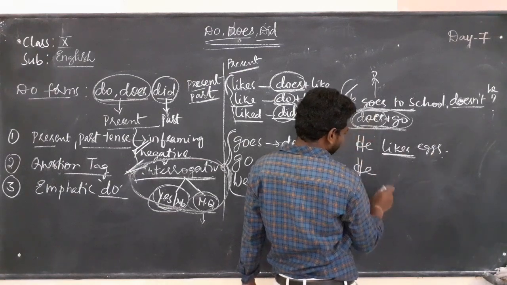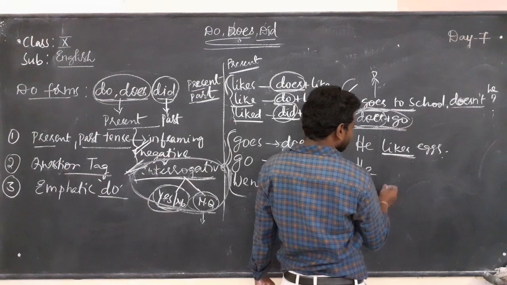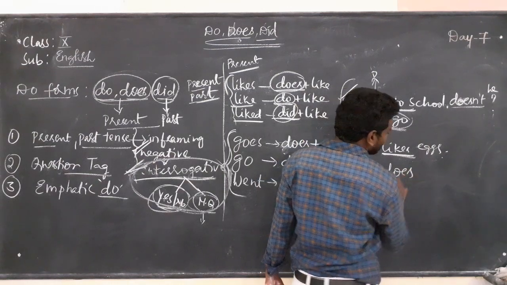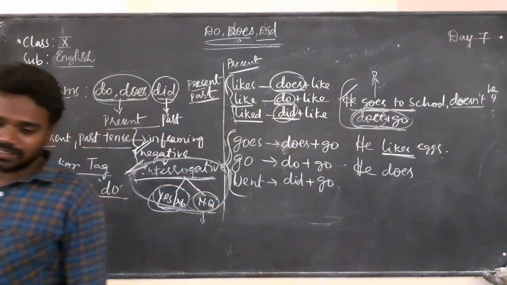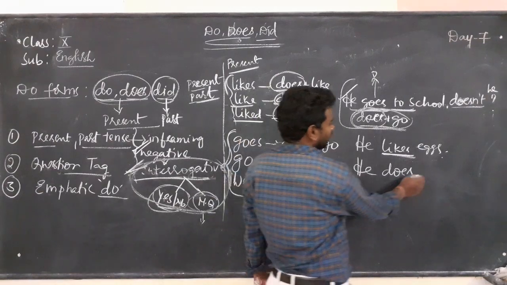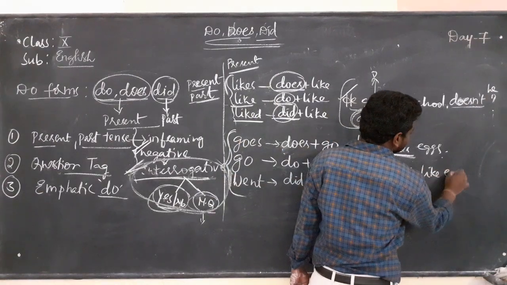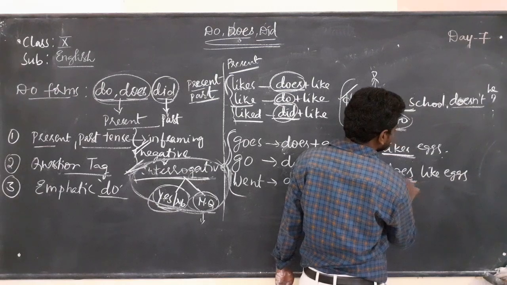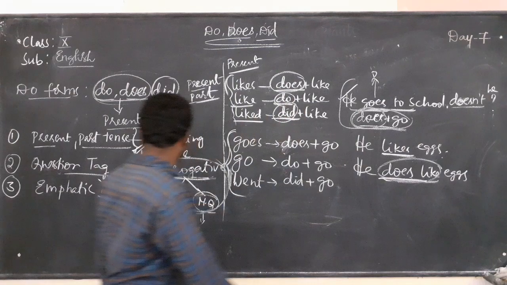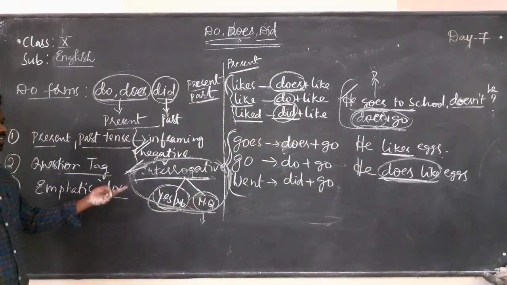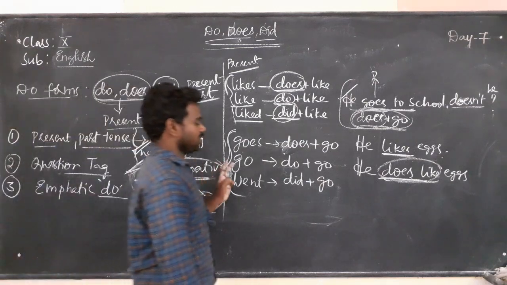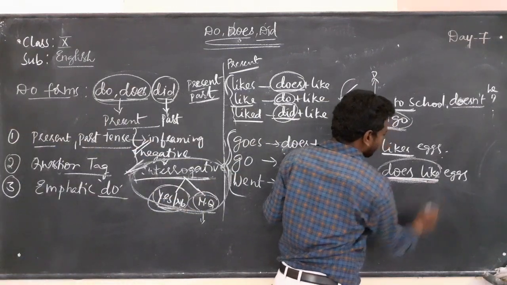This one I can write in another way. What is the other way? He does like eggs. So here does, we focus. We used it in a focus, right? We focused on the do here, that emphatic use. So he does like eggs.